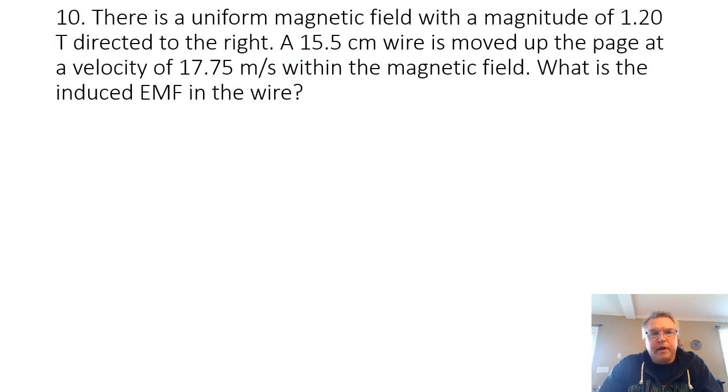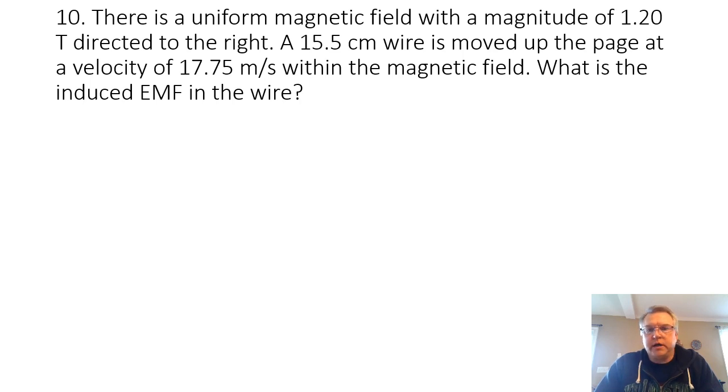Problem 10. There is a uniform magnetic field with a magnitude of 1.20 Tesla directed to the right. A 15.5 centimeter wire is moved up the page at a velocity of 17.75 meters per second within the magnetic field. What is the induced EMF in the wire?